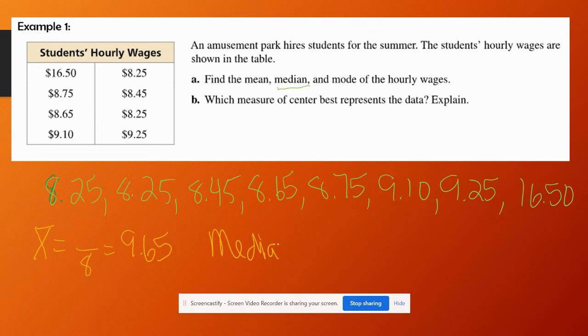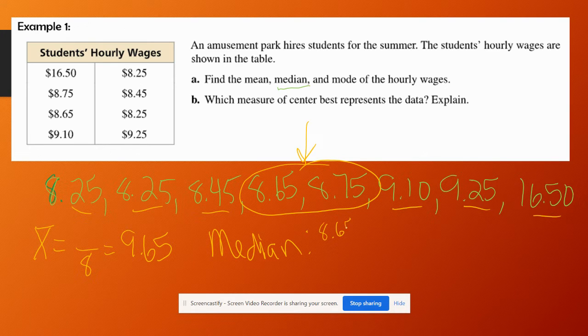My median, I have 8 values. These two are in the middle. And since we have an even number of data points, we have to find the average of those two.